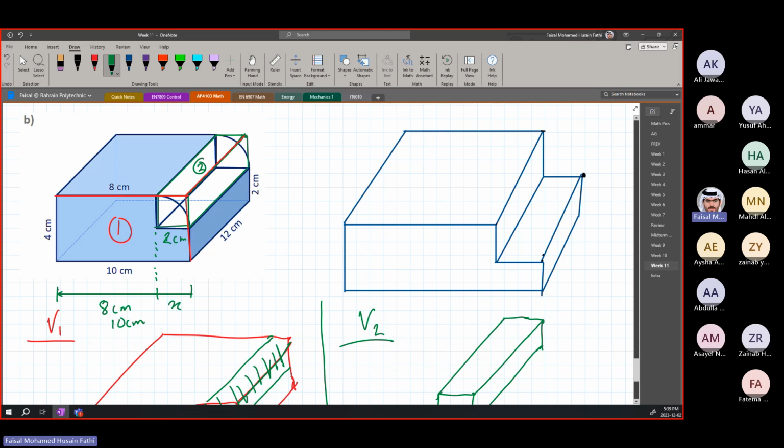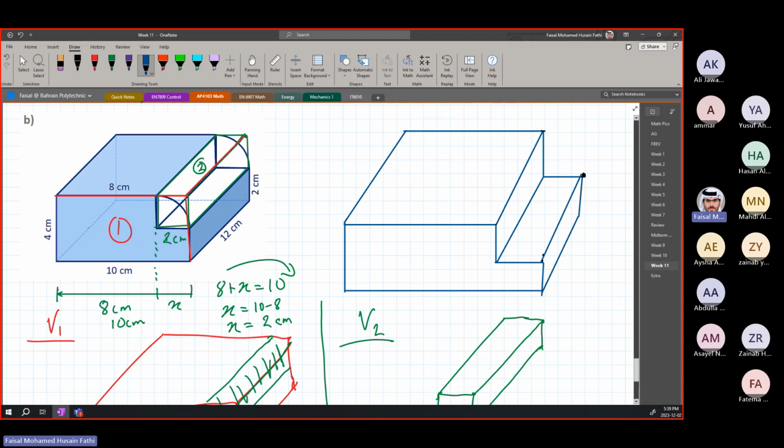So this is our x. 8 plus x is equal to 10. Take the 8 to the other side. x will be equal to 10 minus 8, which is equal to 2 centimeters.